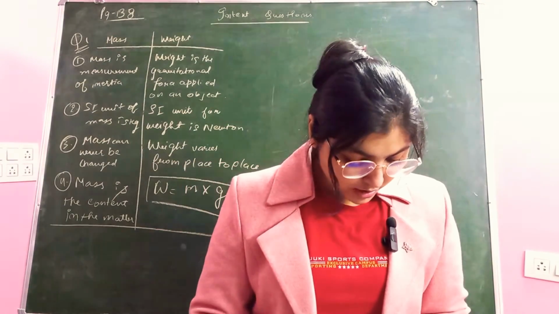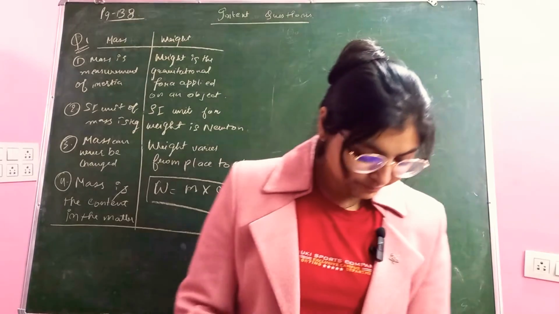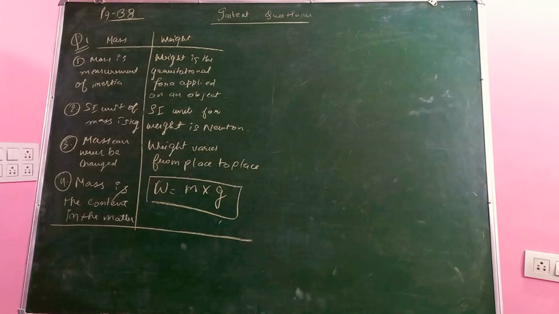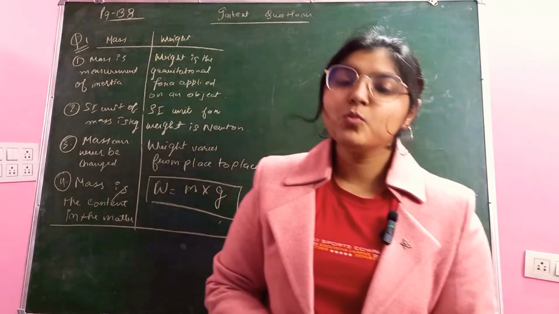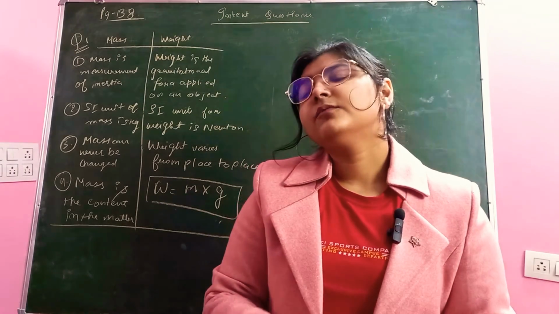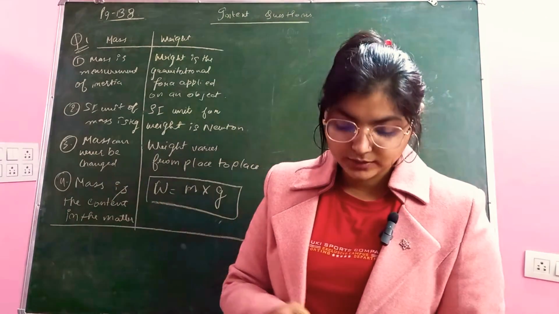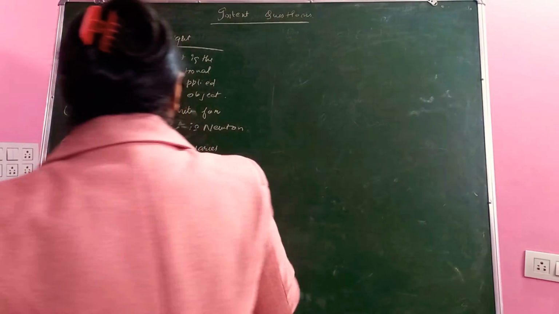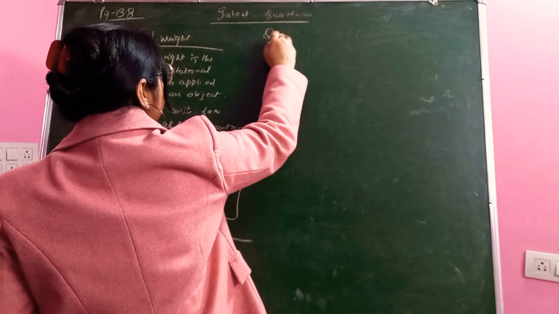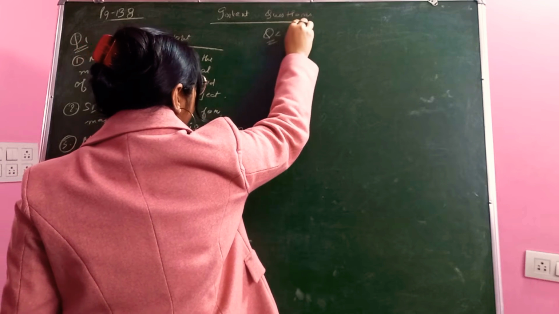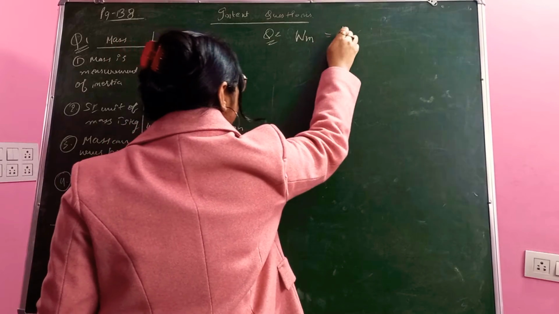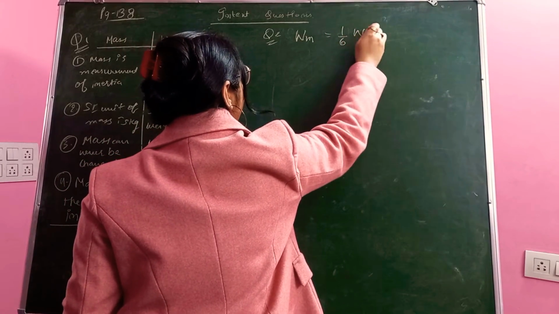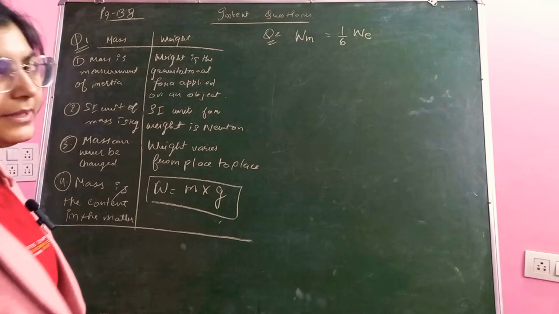The question says why the weight of object on moon is 1/6 times weight of object on earth. Basically we have to prove this.